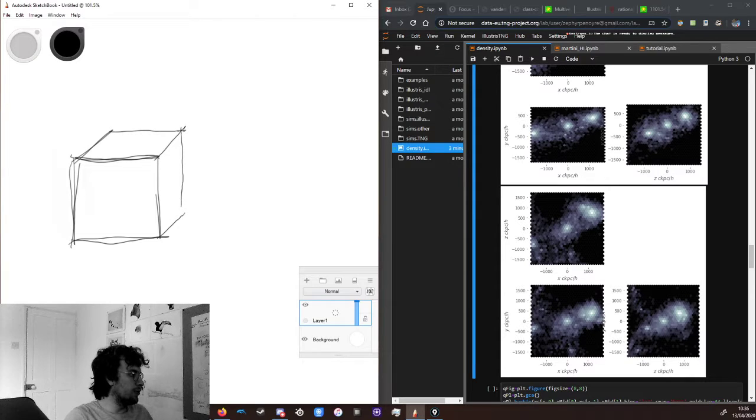So the universe is always in some box. And it's pretty close to flat. There's sort of equal amounts of material basically everywhere. But there's some regions which have more material and some which have less.